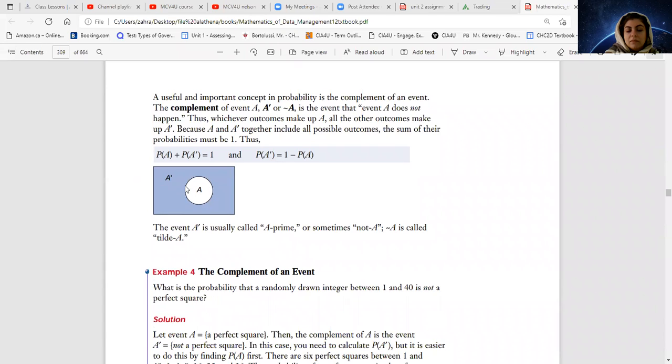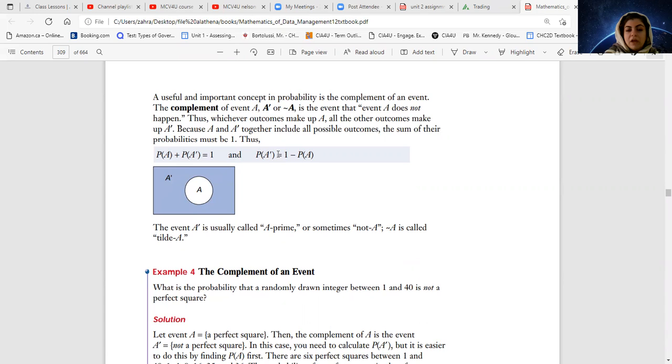So here, this is the total space, the outcome A, and whatever is not A, we call A prime. The probability of A happening plus the probability of A prime happening should add up to 1 because it gives you total probability.